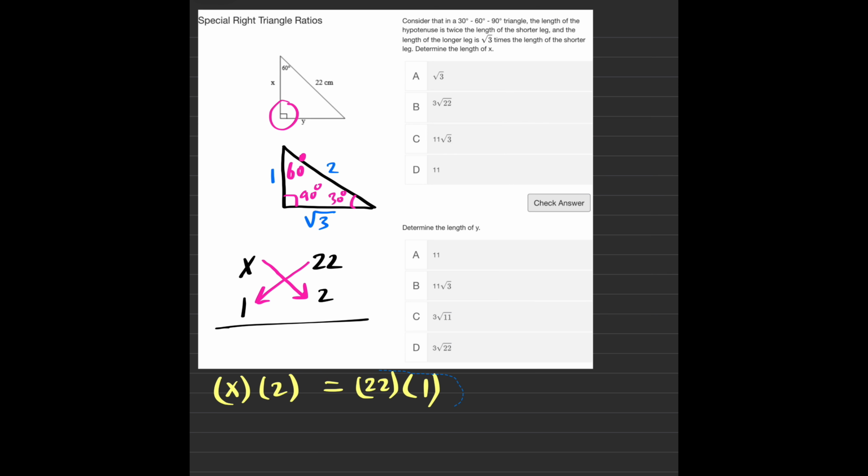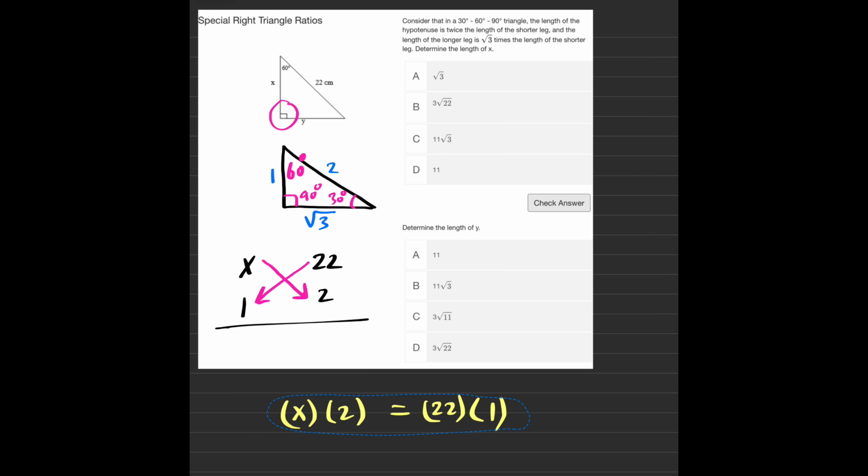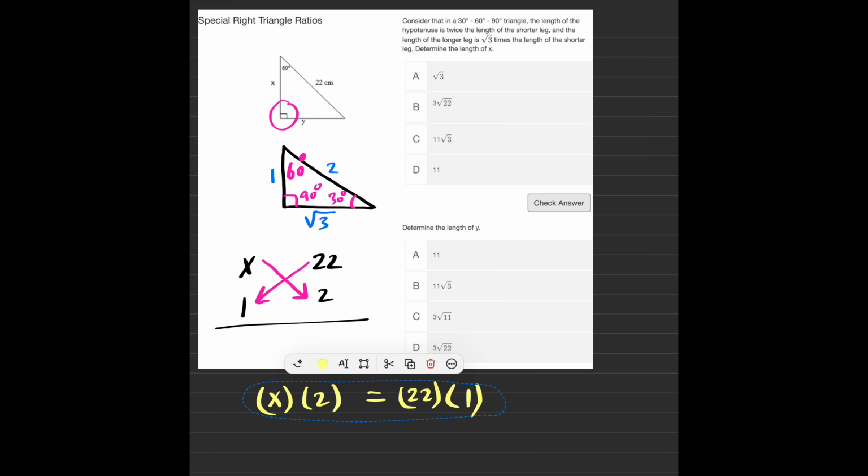To make it easier, we can use some properties in math. For example, we can use what we call the inverse property of multiplication.